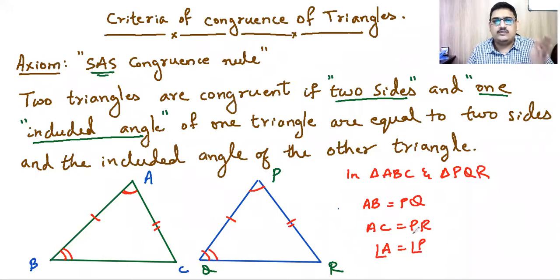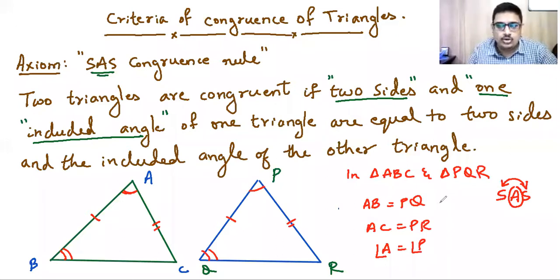To consider the SAS congruence rule, we write side, angle, side. That means between these two sides, whatever angle comes, those two angles of the two triangles should be equal. Then only will the SAS congruence rule hold good. Is this clear to all of you? Only in this case will SAS be considered. So how do we consider SAS? Side, angle, side.